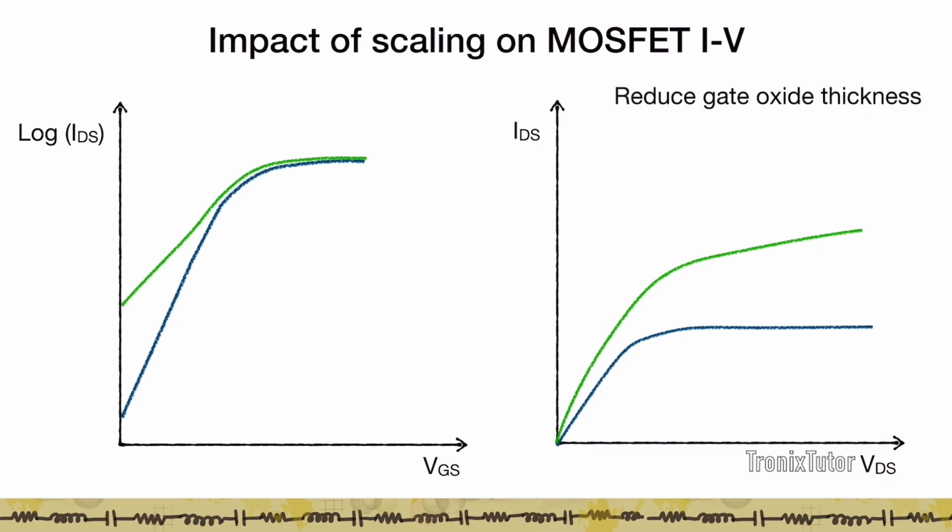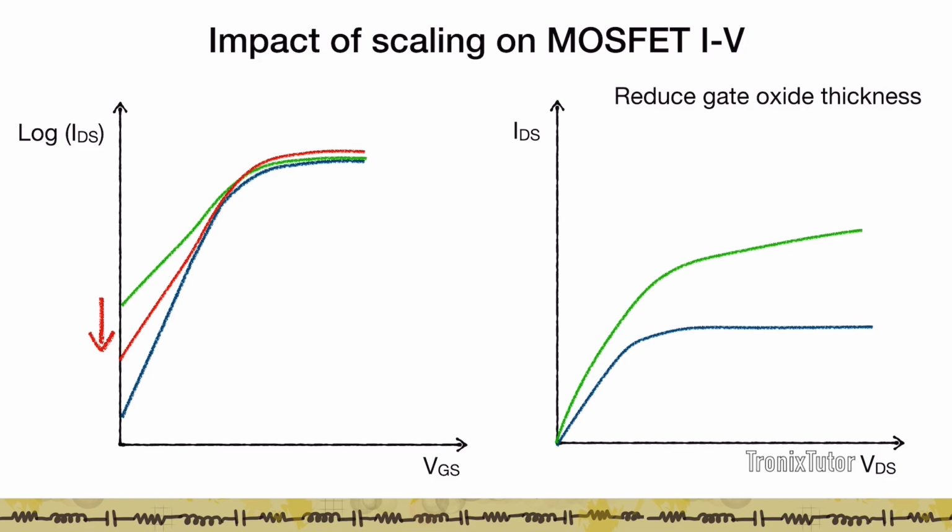To fix this, again you reduce the gate oxide thickness, and that pushes the off-state current down while buying you certain higher current. But what has typically happened over the years is that it has not been able to match these two directly. So the off-state current over generations has been creeping up.